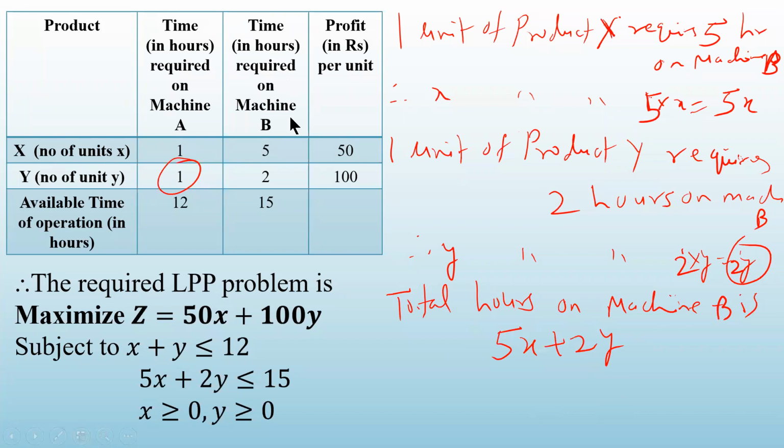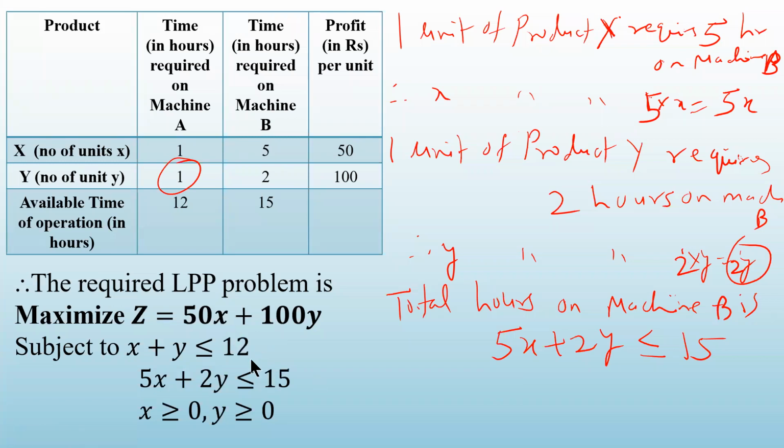But machine B can be operated maximum up to 15 hours. Available time of operation for machine B is 15. So 5x plus 2y cannot exceed 15, so 5x plus 2y is less than or equal to 15. So this is the second constraint.